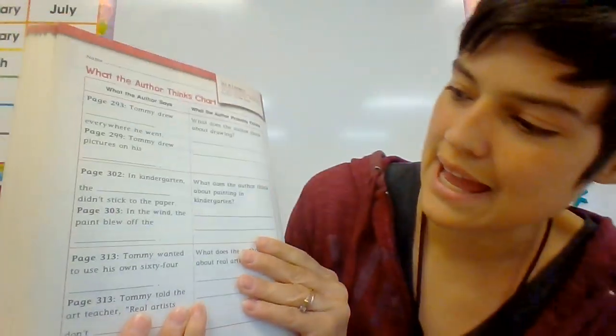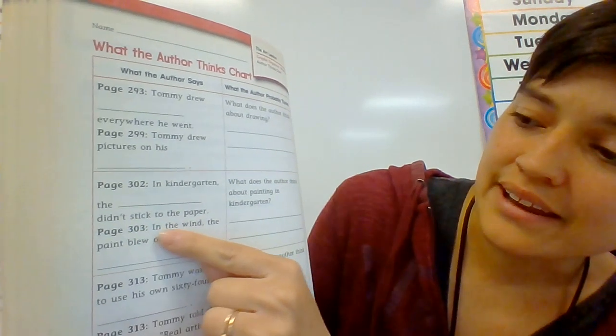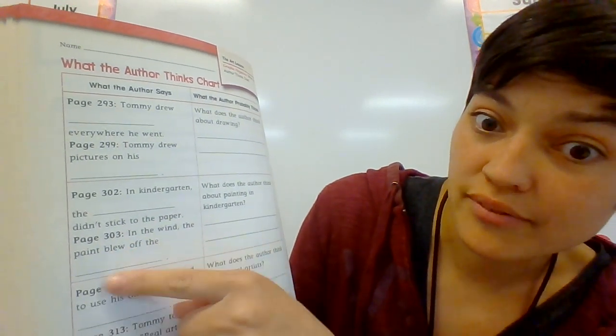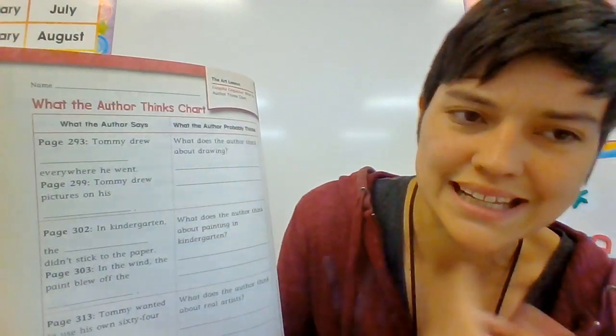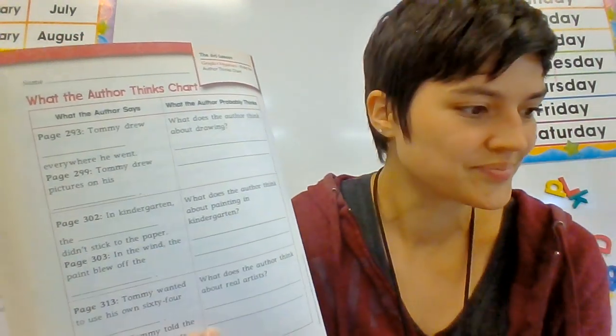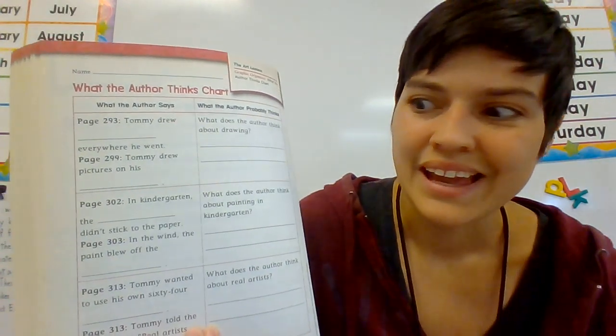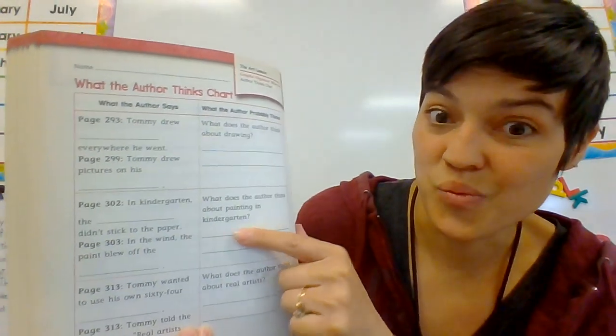So the author said, in the wind, the paint blew off the paper. So what does the author think about painting in kindergarten? I think he thinks it was awful.